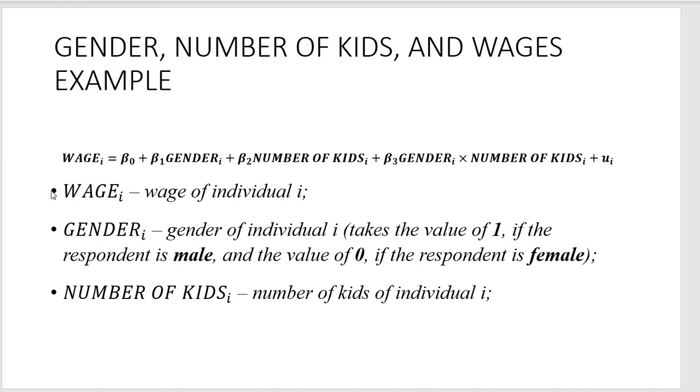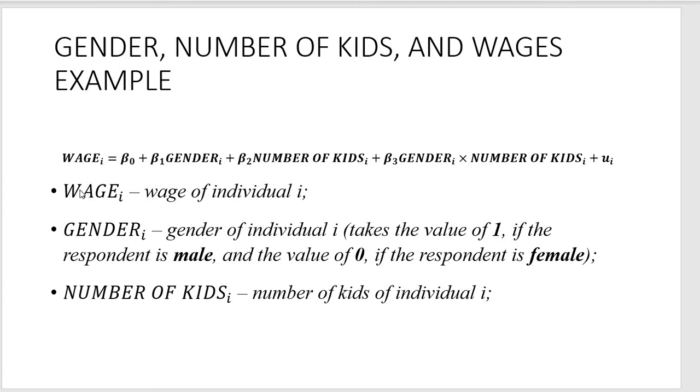So theoretically, we can analyze the wage of individual i as a function of gender, number of kids, and probably some other variables which are not included in this model, like education, age, and so on and so forth.